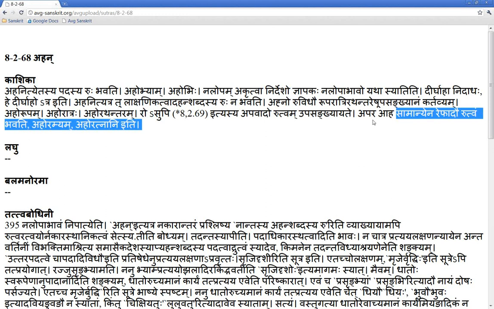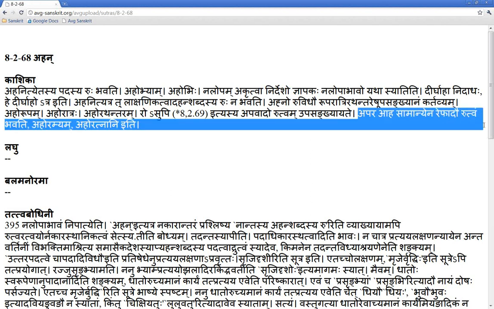So this Vartikam only gives three terms, Rupa, Ratri, and Rathantara. But some people say you should extend the Vartikam, that when it's any Rephadi Padam, then this Ahan Nakara will become Ru only, not Repha by Ros Supi. So this Apareya wants to extend this Vartikam.